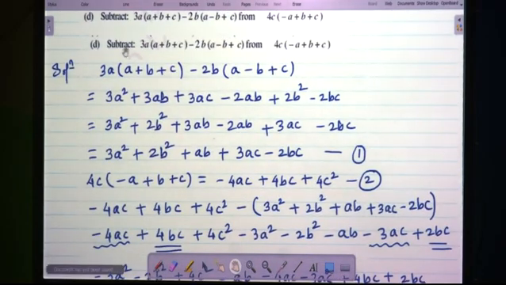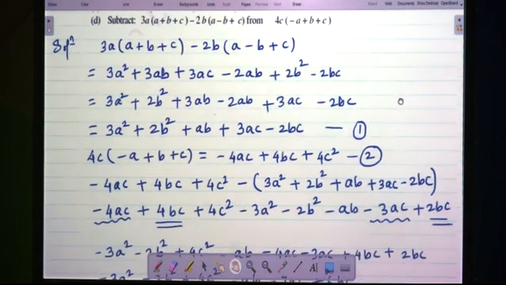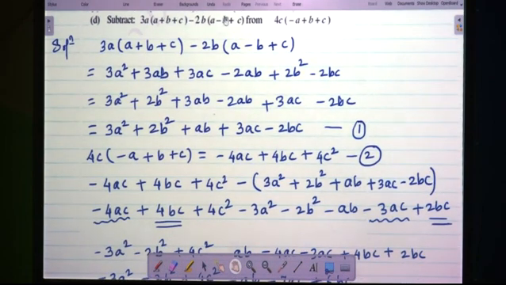Subtract 3a in bracket a plus b plus c, minus 2b in bracket a minus b plus c, from 4c in bracket minus a plus b plus c. What we have done here? We have first done the simplification of these two expressions which are present before from, and after that simplification we got this, and then we simplified the second term which is after from, and after simplification we got this.